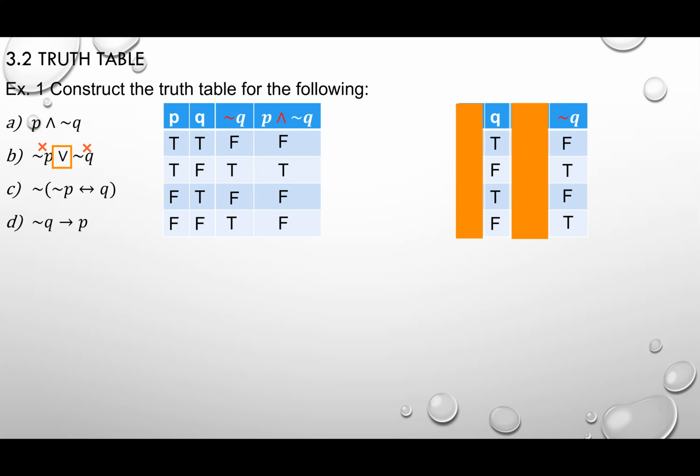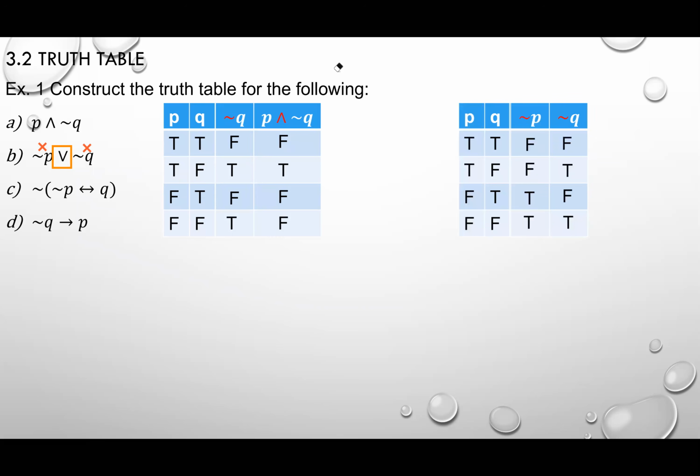So everybody see how we find the negation. If you find a negation now, do you agree that I got this? If you look at my table, we got the negation of P here, and the negation of Q here.